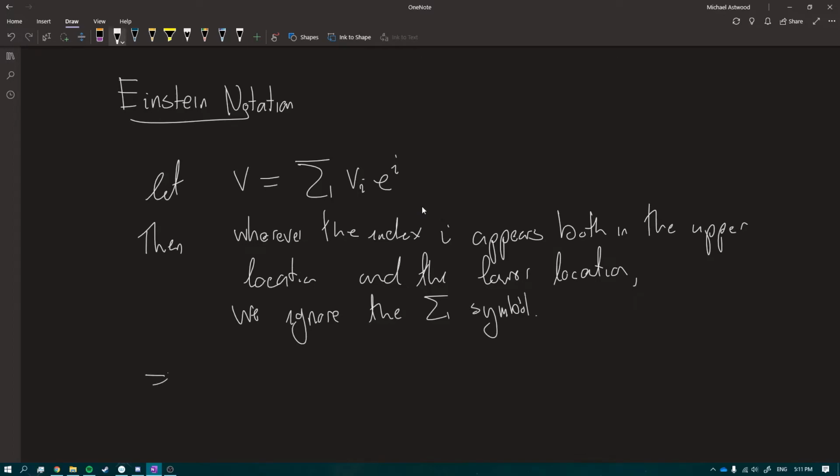So this means that we're going to write V as just v^i e_i, and we're going to assume that the sum is there, implicit.